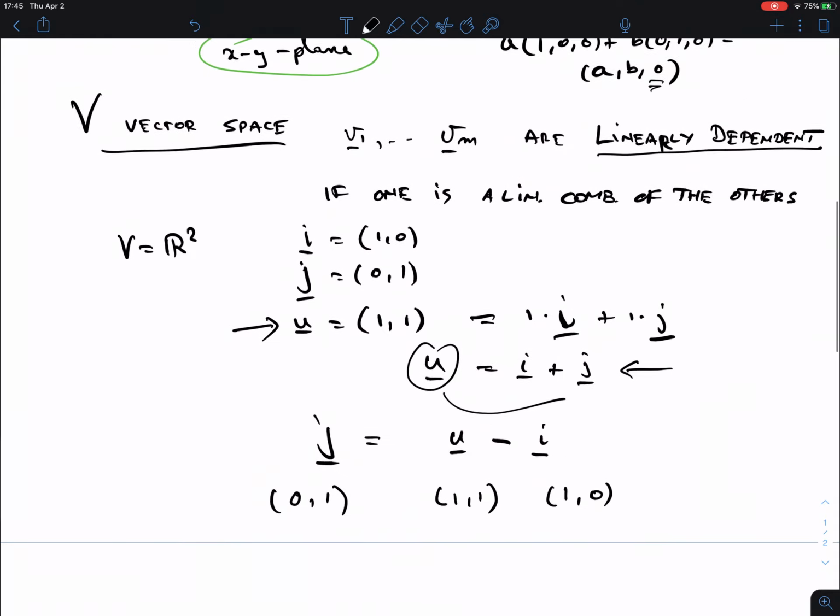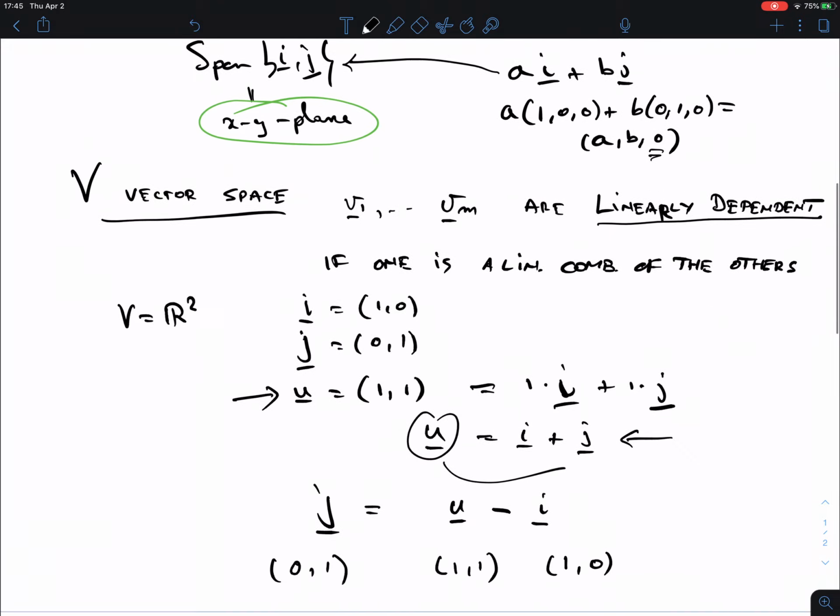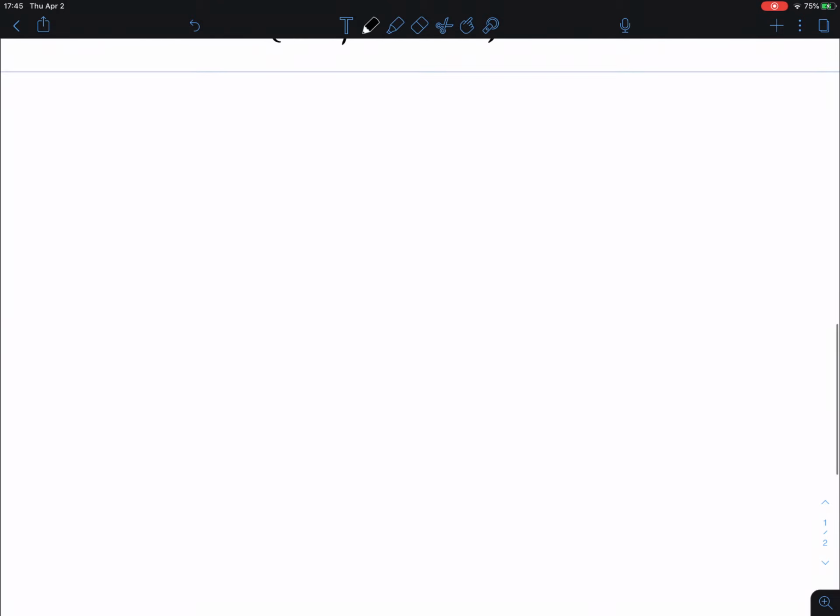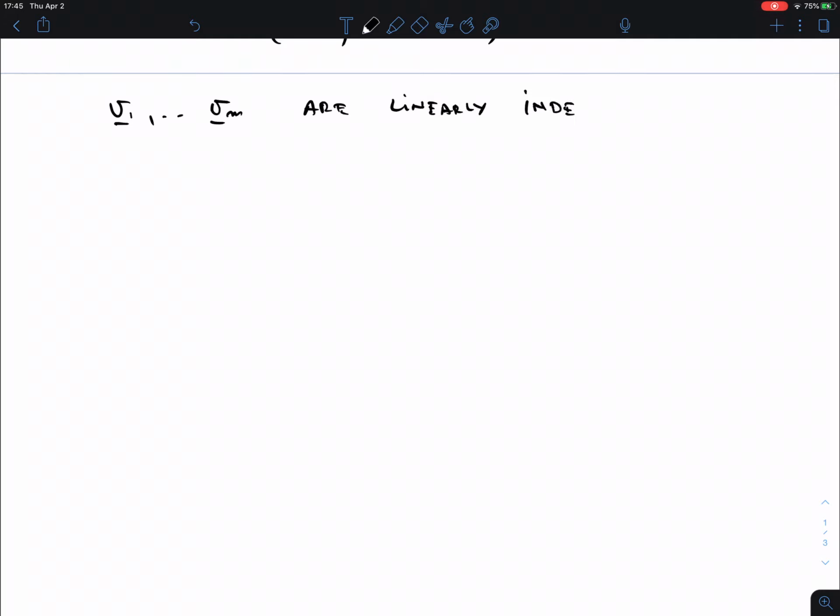So it means not that. So what does that then mean? Another way to say it: V1 through Vm are linearly independent if they're not linearly dependent. It's the negation of the previous thing.